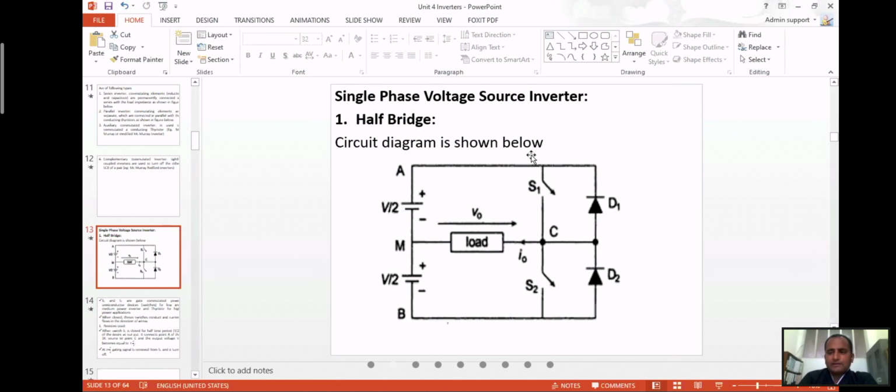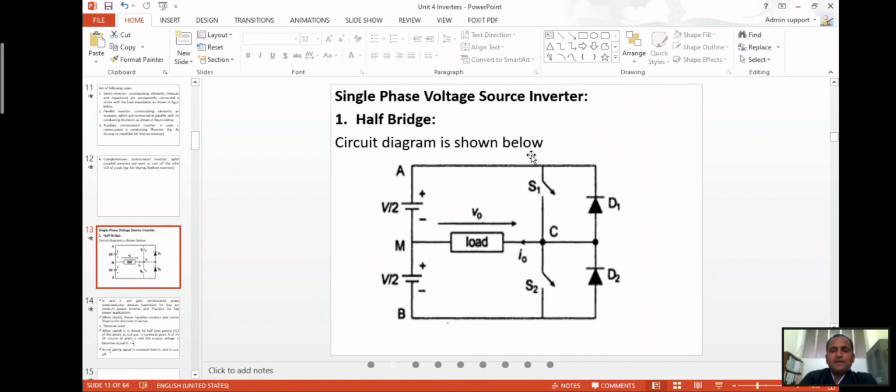People have classified them into different forms based on the switch they used, or based on the output waveform. So there are many different types of inverters. In this case, these two switches, S1 and S2, are the switches.